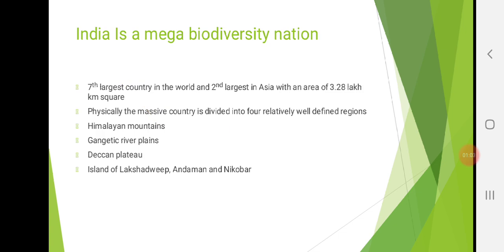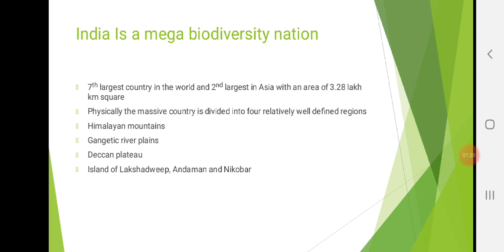The next point is India is a mega biodiversity nation. Everyone knows this. India is the seventh largest country in the world and second largest in Asia, with an area of 3.28 lakh kilometers square. Am I right? India is not a small nation like Pakistan and all.